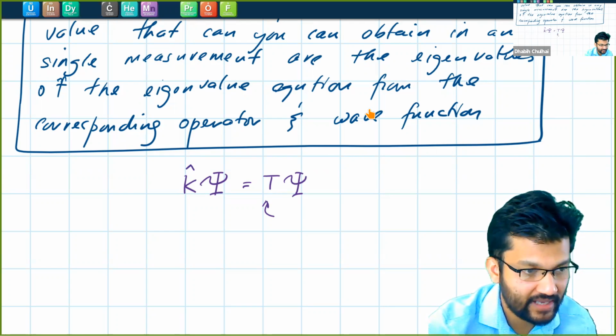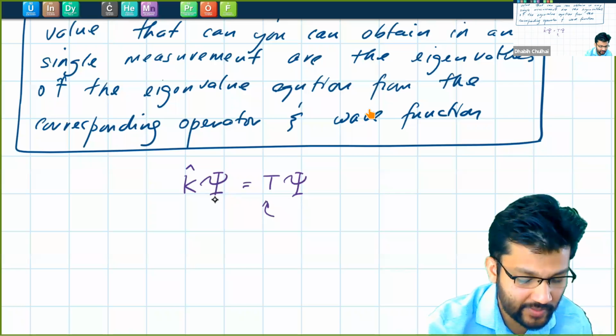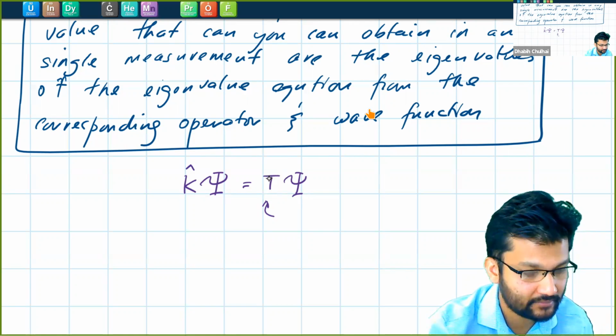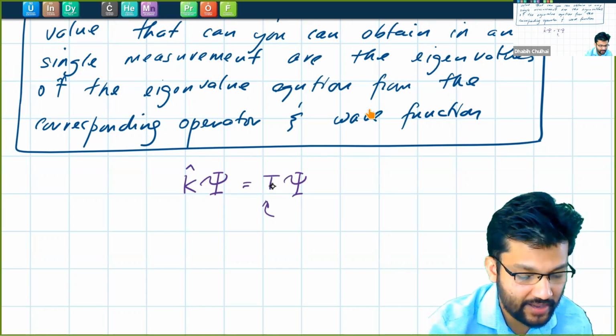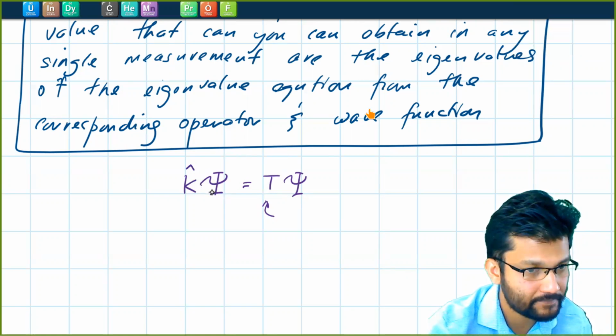If it's not an eigenfunction setup, then you can't get that eigenvalue from the measurement. Does that make sense? We talked about how this wave function contains all of the information, but that means you're limited in what answers you can get. You can only get the answers when you plug the operator onto the wave function. Does that make sense?